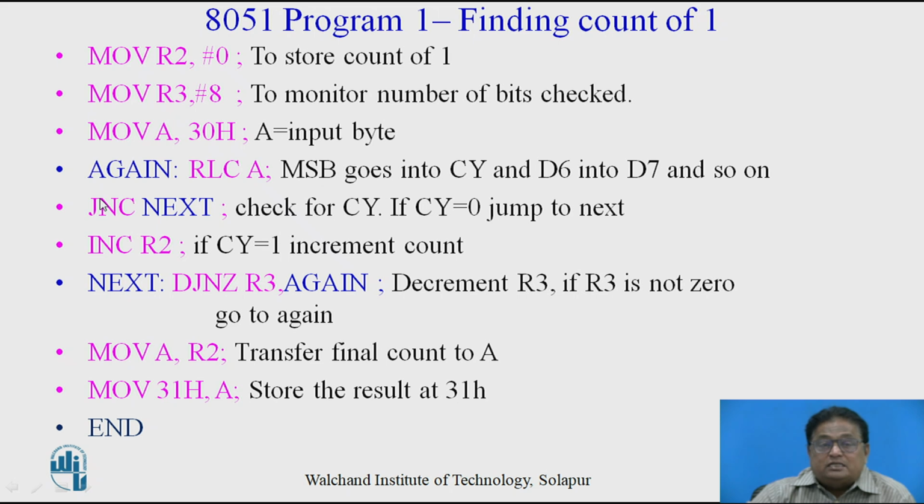If the carry bit is not set, then this INC R2 instruction will be skipped and the program control will go to the address next. After checking all the 8 bits, the result we get in register R2 is taken into the accumulator, and from the accumulator that value, that is the result, is stored at address 31.